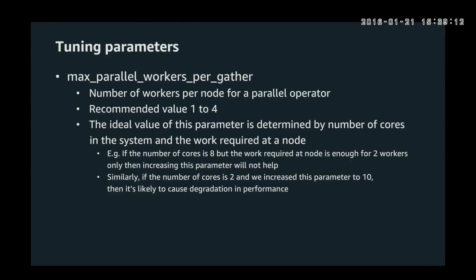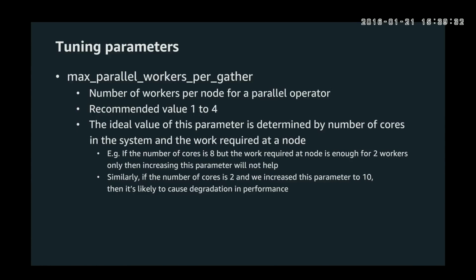So let's say you have a system with 8 cores, but a particular node has to scan a table with possibly 10,000 records, and there is no point in using more than 2 workers, right? So setting the max parallel workers per gather to more than 2 is not going to improve your query performance by that much.